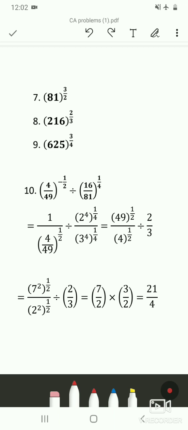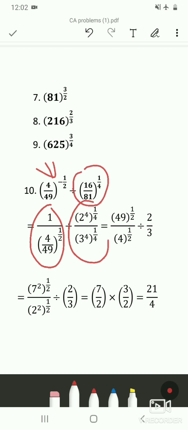So let me revise it. So this is in the negative index, so we have written it as 1 upon a power m, so in this step. And here for this term we have simplified it as 16 is written as 2 power 4 and 81 is written as 3 power 4, and we have used the fifth law, that is a upon b whole power m can be written as a power m upon b power m.